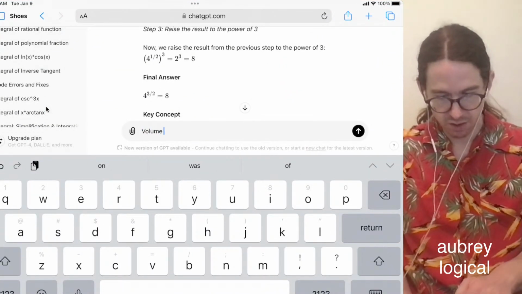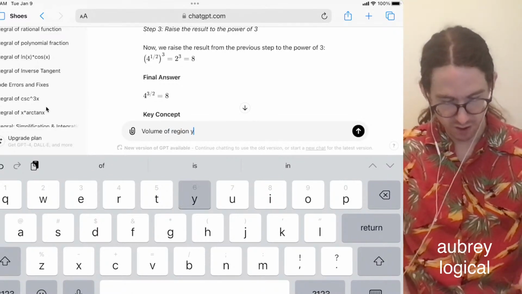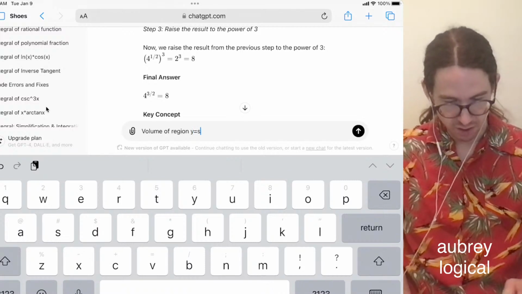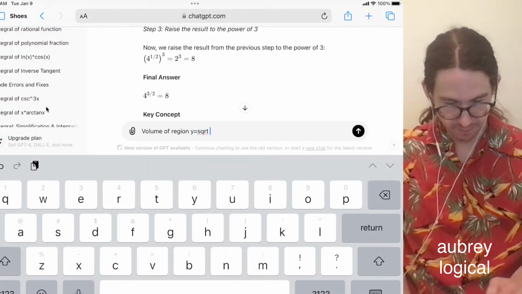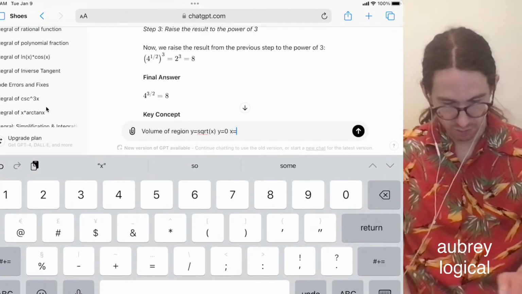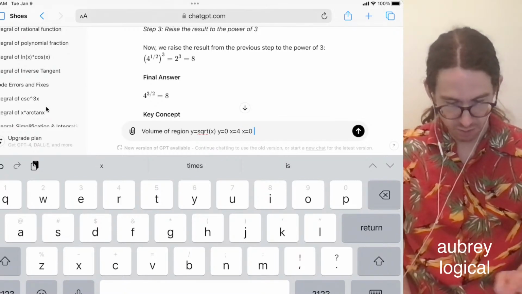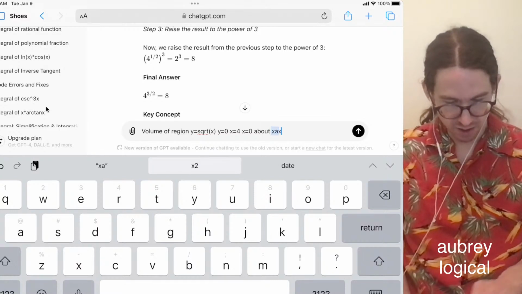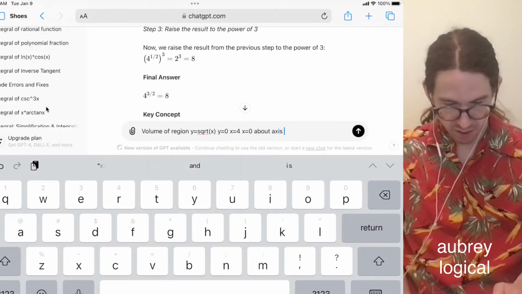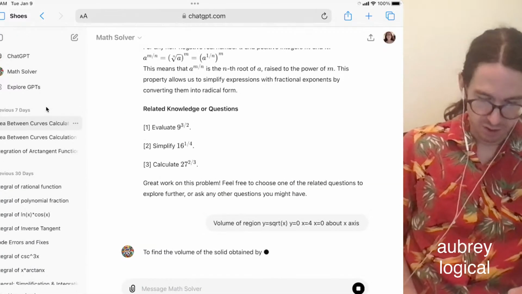Volume of region, y equals square root of x, y is equal to 0, x is equal to 4, x is equal to 0, about x-axis. All right, we're gonna see what ChatGPT has to say here.